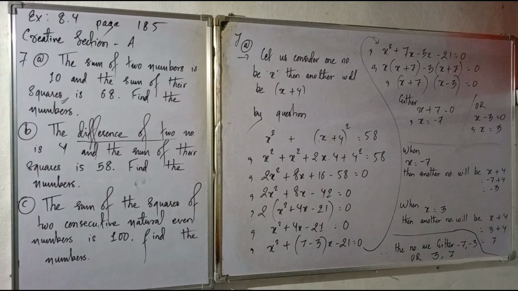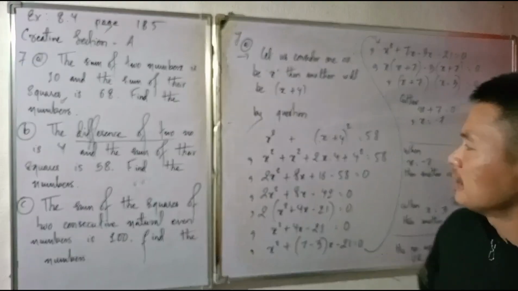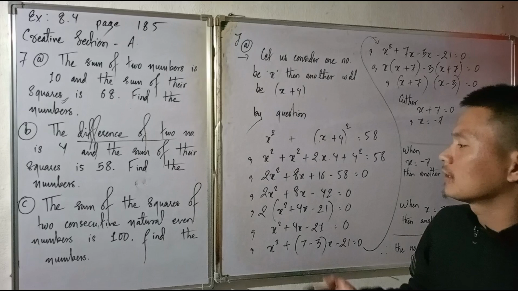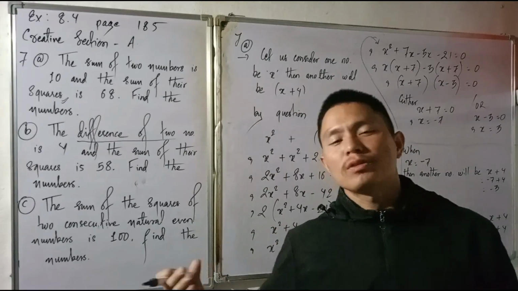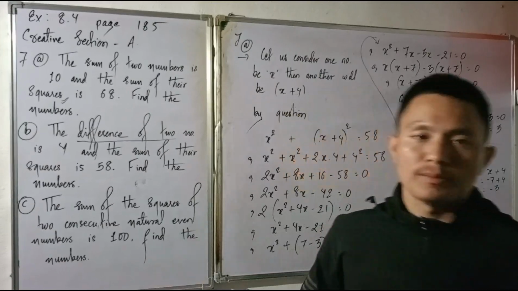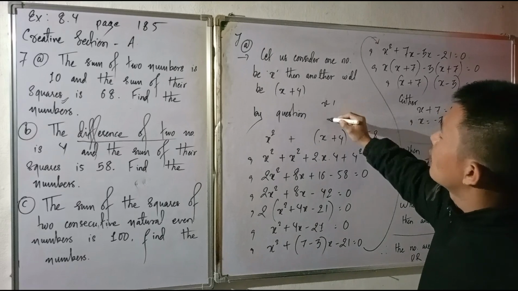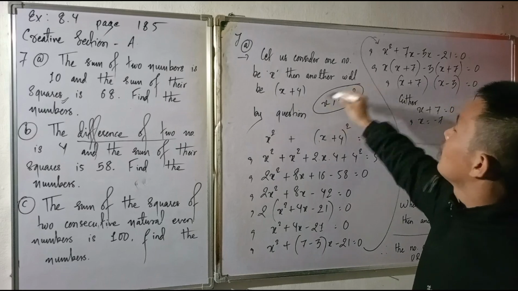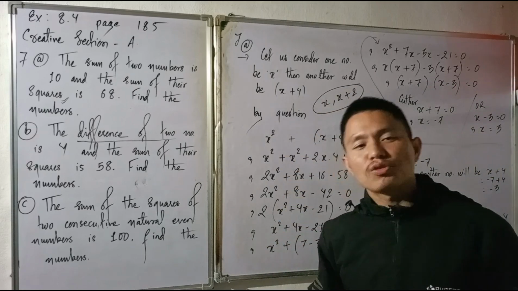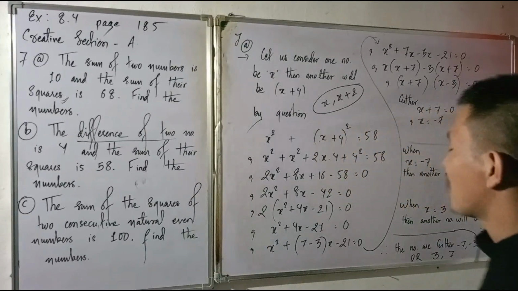What did I already mention to you before starting? When you consider two natural even numbers or two natural odd numbers, if you consider one number x, then another number must be x plus 2. This is true for both natural even numbers and odd numbers. You don't have to worry about that.